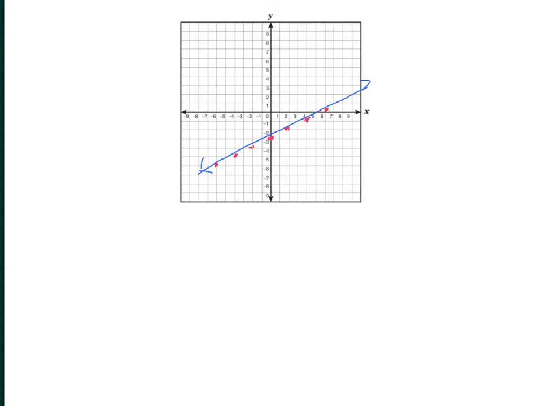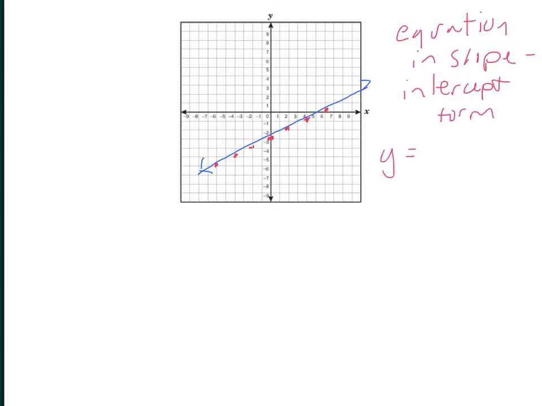As I was saying earlier, function rule and equation are the same thing. Instead of using y, I use f of x, or in the previous example, I used n of d. Let's say I want to write the rule for this line right here, or write the equation, in slope-intercept form, which means I want it to come out to be y = mx + b.